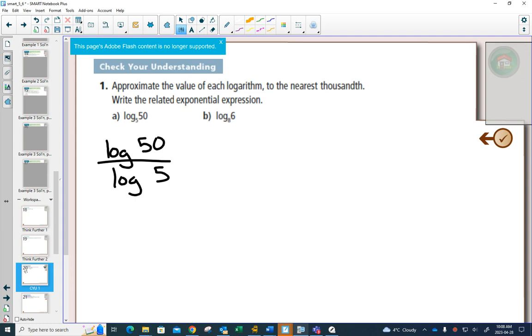It's only been in the last 10 years or so that newer calculators have included the different bases for logarithms. So we type in log of 50 divided by log of 5.